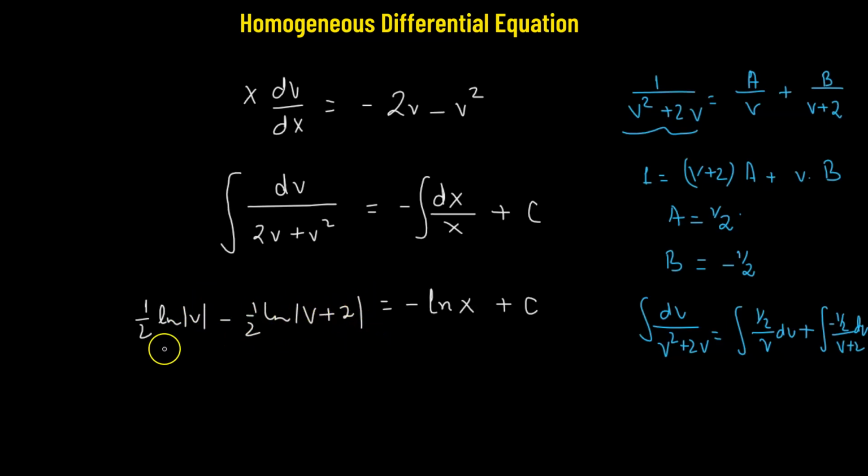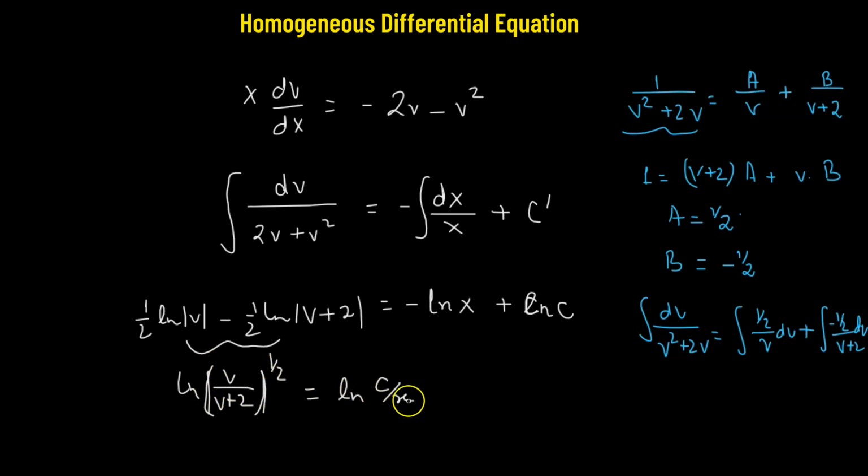Now since we have obtained all the results in terms of logarithm, we'll convert this c to natural log of c instead of c. Let's call this c prime, where c prime equals natural log of c. Now we can easily combine this using the property of logarithm. So that will be natural log of v over v plus 2, whole raised to the power of half, which equals natural log of c over x.